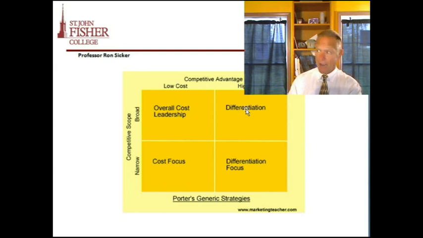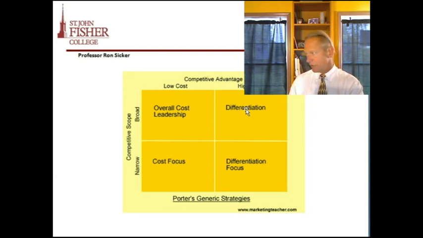Differentiation. They're higher costs, but there's a broad scope, but they differentiate their market either through quality or innovation or something like that. Disney is an excellent example of differentiation. Broad scope, high quality, just a great park to go to. Everything that Disney does is differentiated through higher cost but high quality.